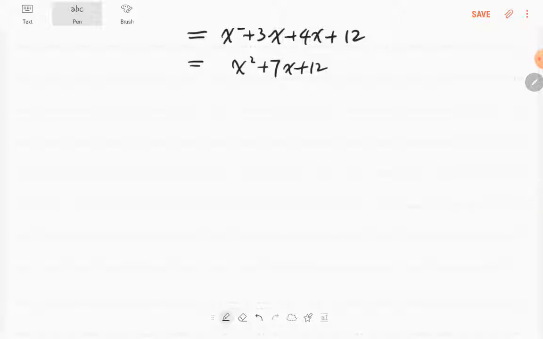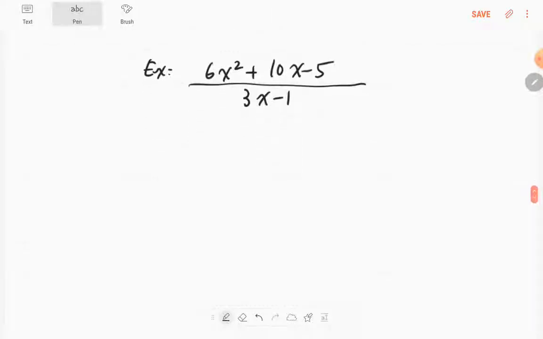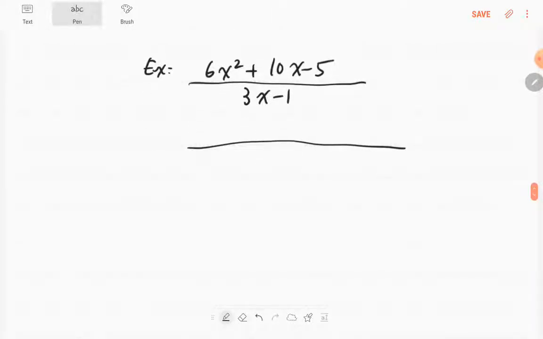Okay, let's check another example. This time we divide by 3x minus 1. So we should use the long division.